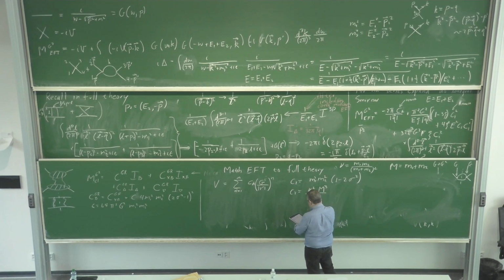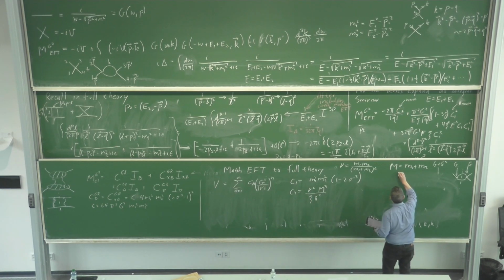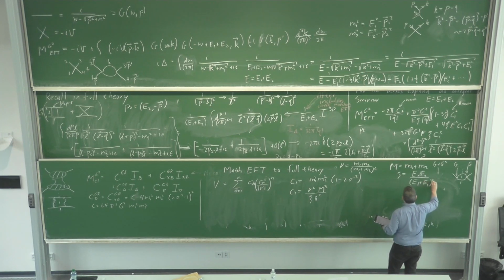Divided by xi, gamma square, so let's define those as well. So xi I defined as E1 E2 divided by E1 plus E2 squared. Gamma is defined as E1 plus E2 divided by m1 plus m2.